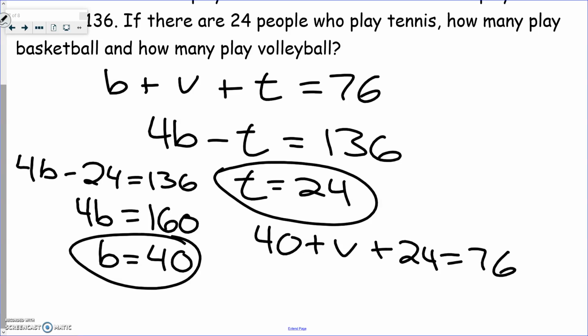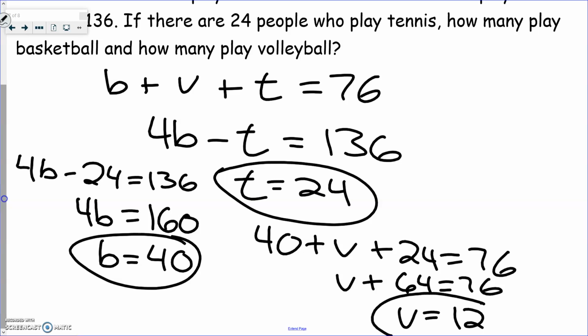You have volleyball players plus 64 is equal to 76. I subtract my 64, and I am left with 12. So we have 12 volleyball players, all right? So there you go, guys. The key is just a setup. After that, the work is always going to be the same.